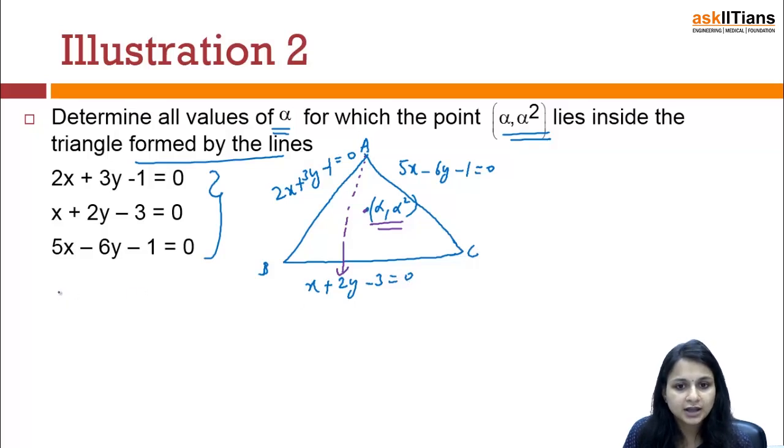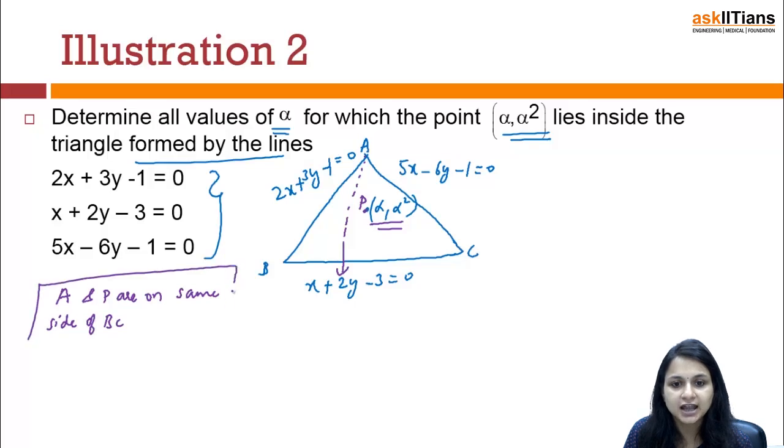Suppose this point is P. So A and P are on the same side of BC. So the sign that I will be getting on putting A in this equation and the sign that I will be getting on putting (alpha, alpha square) should be the same.